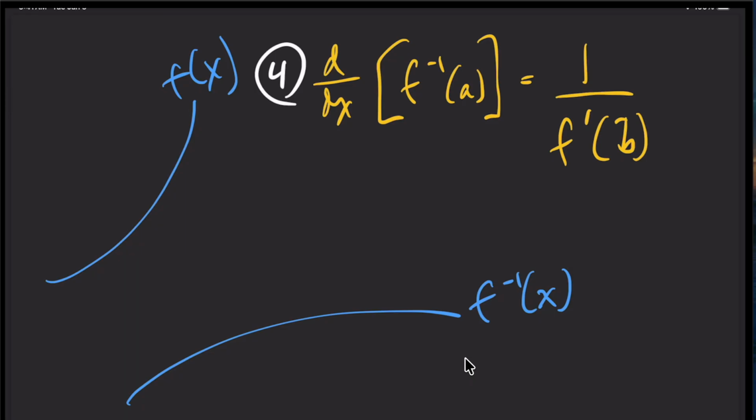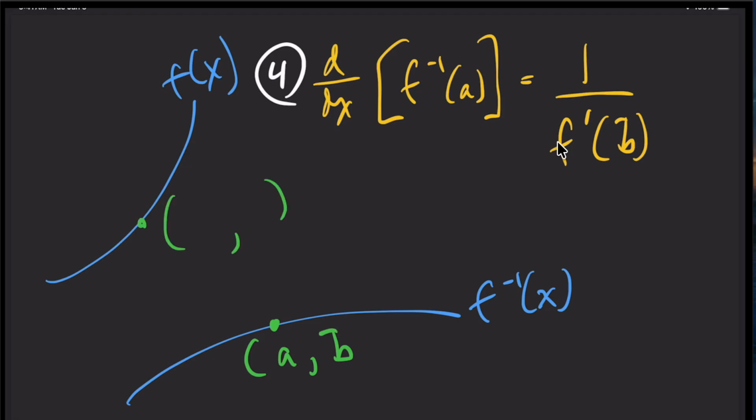Folks, just when you thought we had it figured out, here comes another equation. They're saying that the derivative of the inverse at point A is 1 over f prime of b. So now they're introducing a and b. But don't be intimidated. It's all the same.